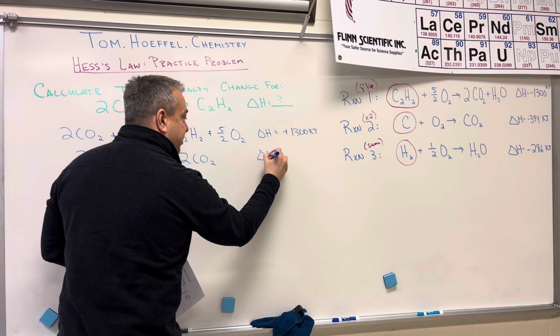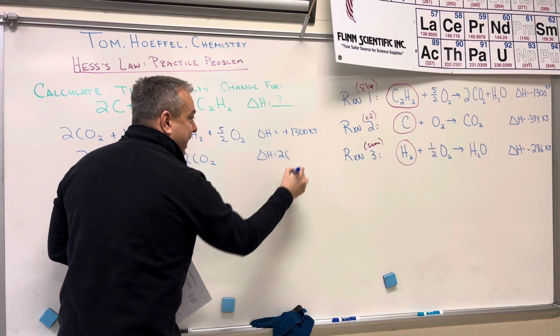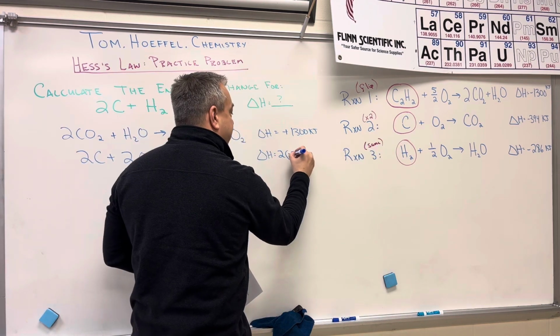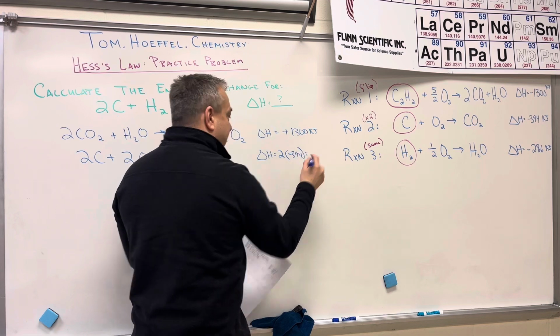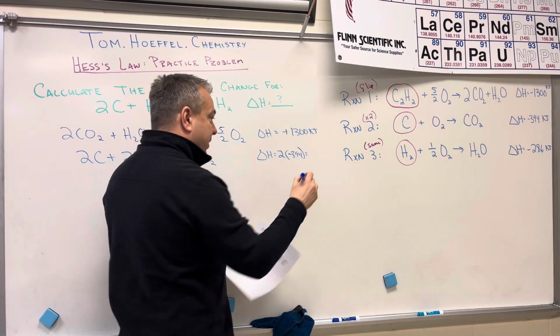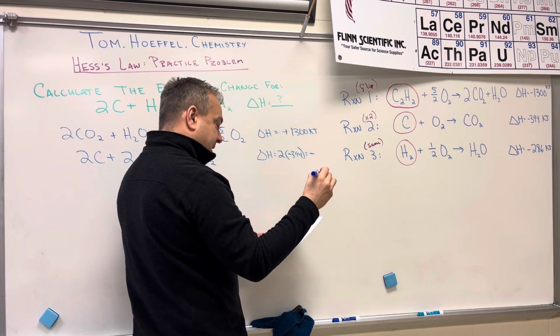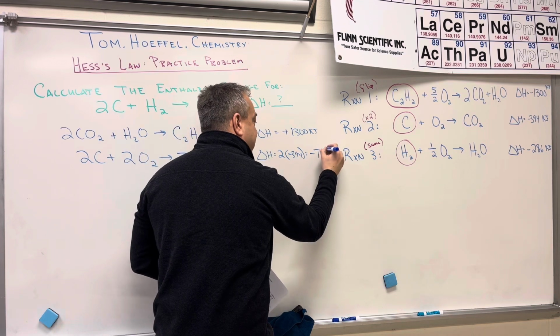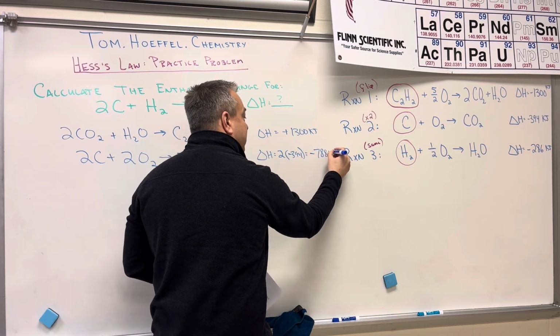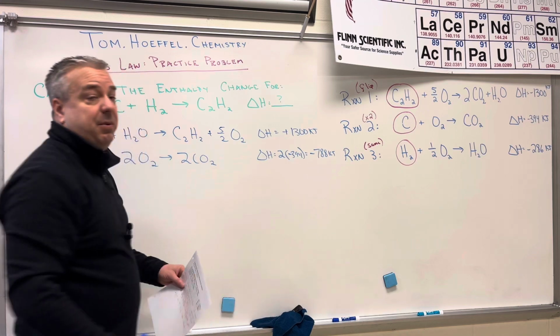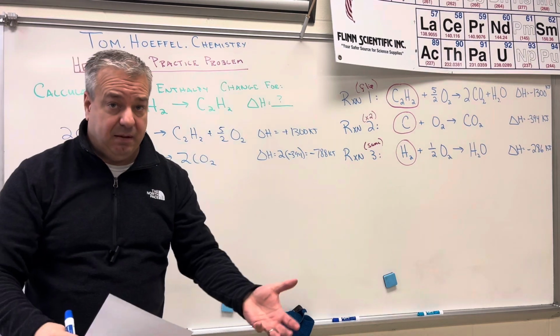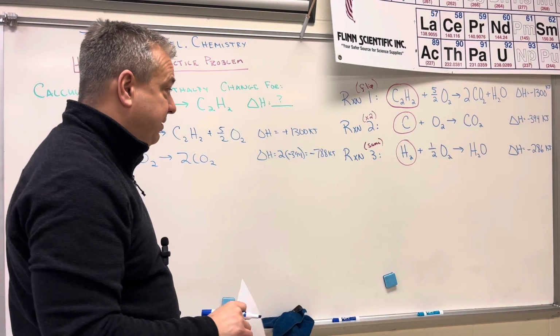Now the delta H here is going to be 2 times the negative 394, and 2 times negative 394 is negative 788. Negative 788 is the new number, because I doubled the reaction, you double the enthalpy change, because enthalpy is an extensive property.